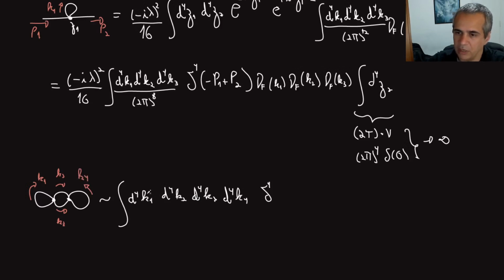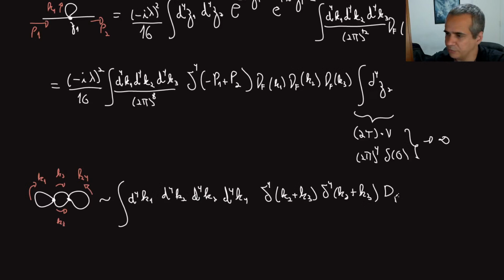I have a momentum integration for each line and a delta for each vertex. Say this vertex will be just K2 plus K3, and this vertex will be the same, right? K2 plus K3. And a bunch of Feynman propagators, one for each, I won't write it, but there's one for each momenta.